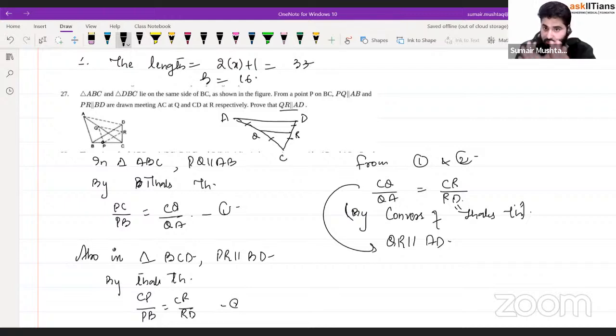So if you don't remember the title of the Thales theorem, write the statement or write how you got it. Right, in the previous theorem, I used that the internal bisector of an angle divides the opposite sides in the ratio of the sides which are containing them. So I have given the whole statement. Same you have to give here. Okay, don't go like this that you will write here and just move. Okay, is that okay? Is that okay?